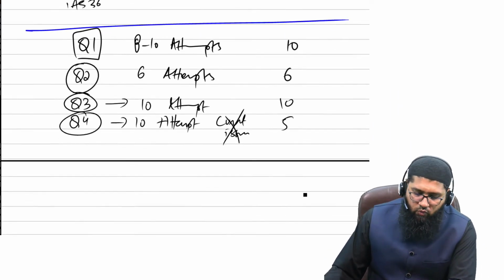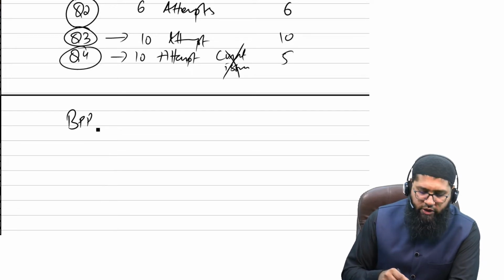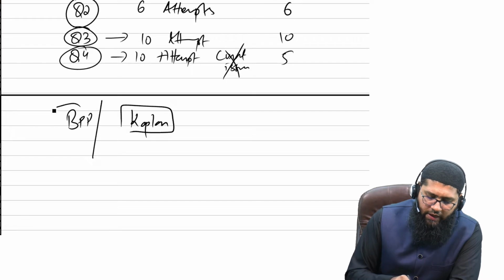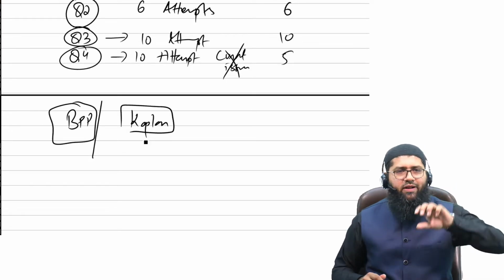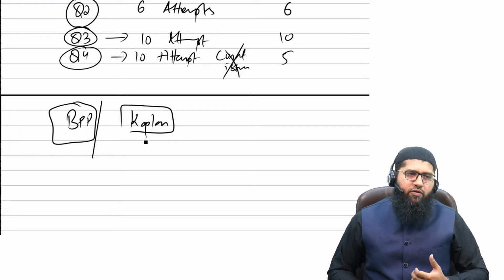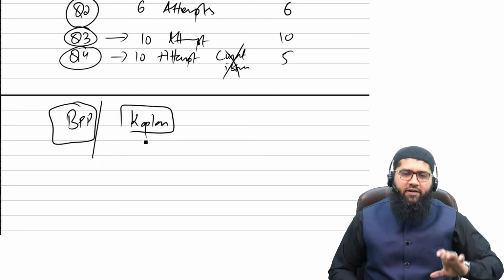Now, what next do you have to do? Irrespective of whatever book you are using, whether BPP or Kaplan: in Kaplan you usually get a separate chapter for the current issues, and in BPP you get current issues at the end of almost every chapter.